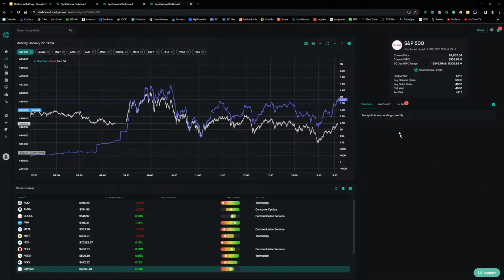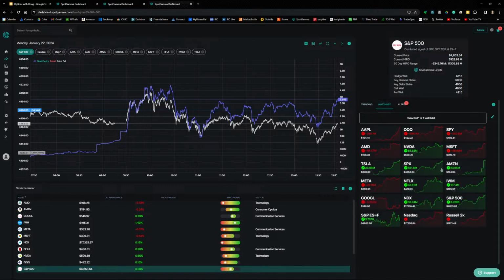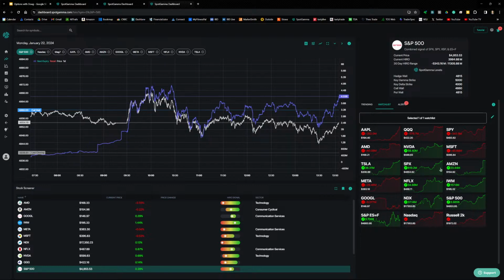So everything that we've looked at so far, other than Bookmap, is based on static data. So the gamma levels, gamma notional, everything else is based on static data that's updated once a day, and that's information that I use in my planning process. And now we're going to move over to the execution process and look at real-time data.